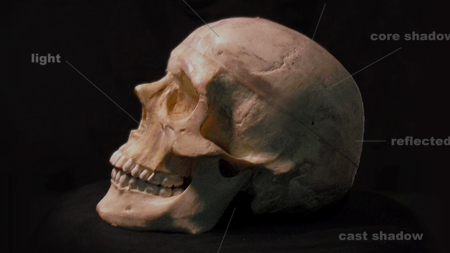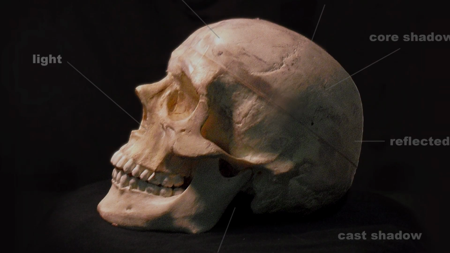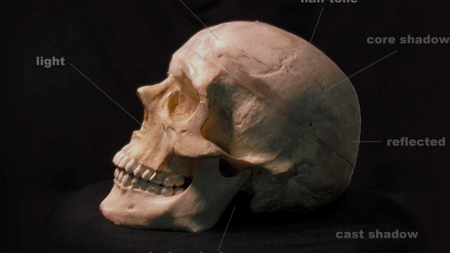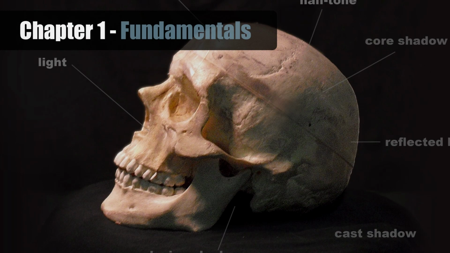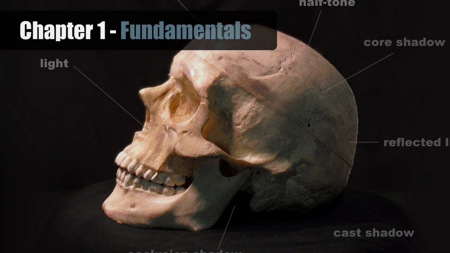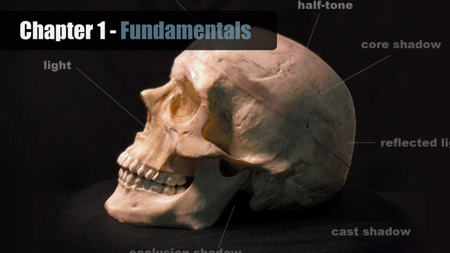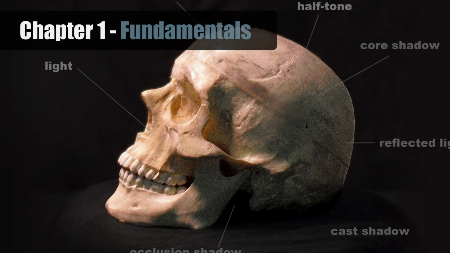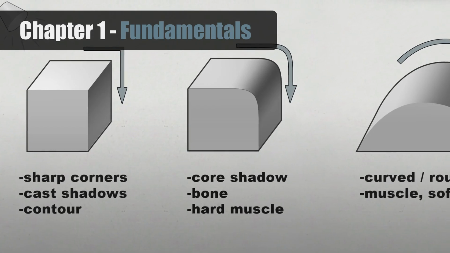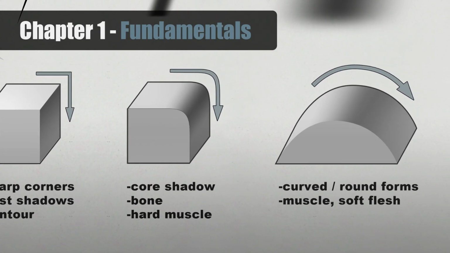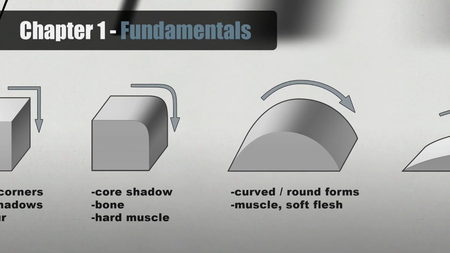So Shading Techniques is a video course, and it's divided into 8 chapters. The first chapter is Shading Fundamentals, and I believe this is the most important chapter, the most powerful video in the entire course, because in this video you're going to learn the real fundamental foundational principles and concepts that will allow you to understand how light and shadow works.